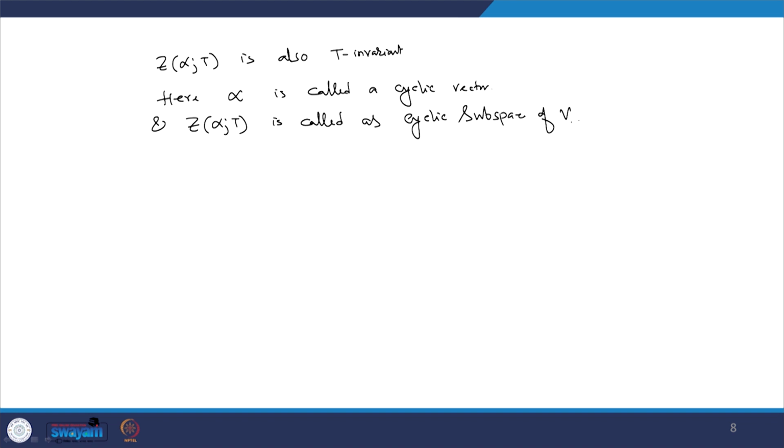Because all the elements of Z(alpha; T) are basically linear combinations of the elements alpha, t alpha, t square alpha, t cube alpha and so on. So, that is why it is cyclic, alpha is a cyclic vector.